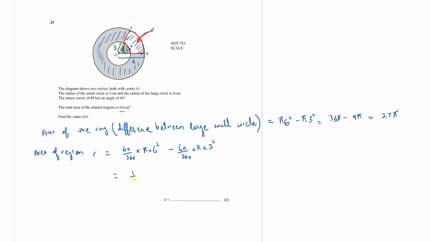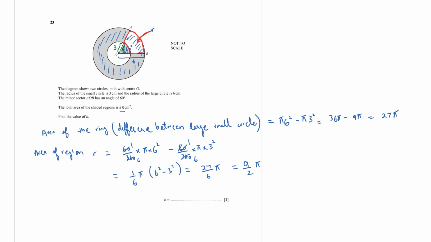This gives me 1 by 6, since 60 by 360 is 1 by 6. I can take 1 by 6 pi common, and then 6 squared minus 3 squared, which is 36 minus 9, which is 27 over 6 pi. If I divide by 3, I get 9 by 2 pi.